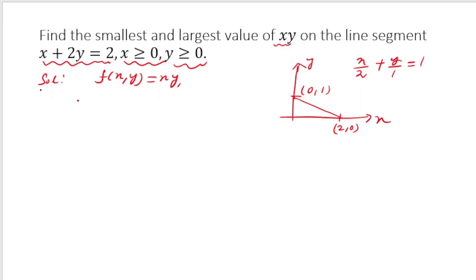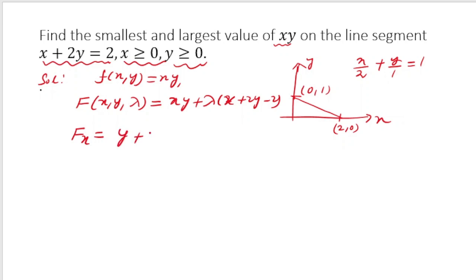So using the Lagrange multiplier method, first we write F of x comma y, with one constant lambda, that is equal to xy plus lambda times x plus 2y minus 2. What is the next step? Find the partial derivative with respect to x.